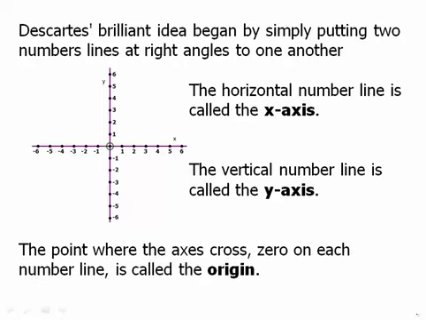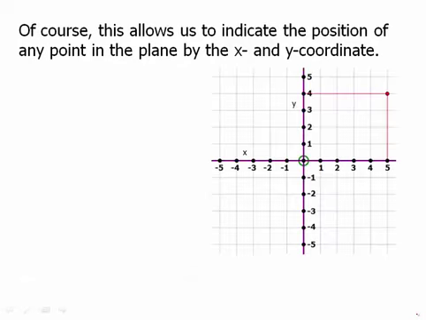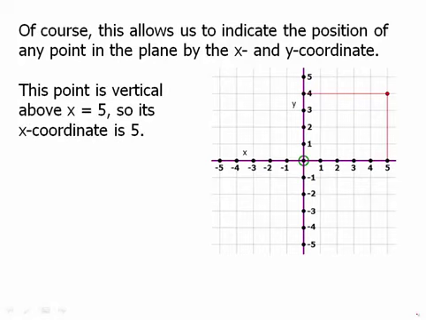The point where the axes cross, 0 on each axis, is called the origin, and that's considered the center of the entire plane. Of course, this allows us to indicate the position of any point on the plane by the x and y coordinate of the point. So for example, we look at this particular point. The point is vertically above x equals 5.